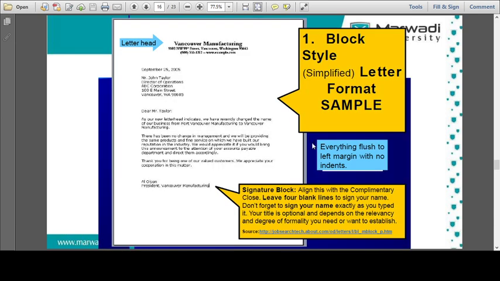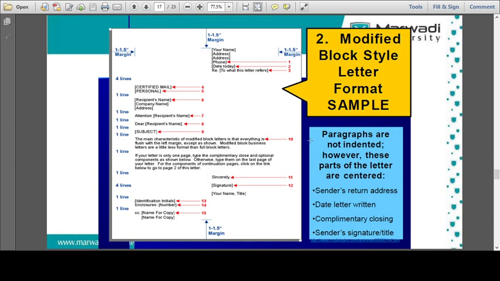Now you can see some examples here. So you can see the layout.